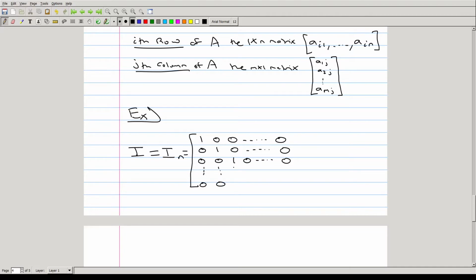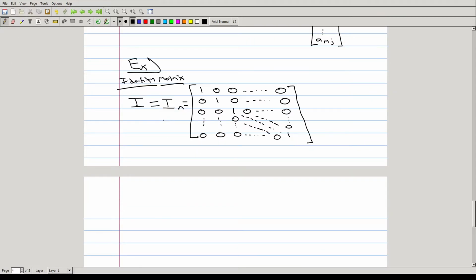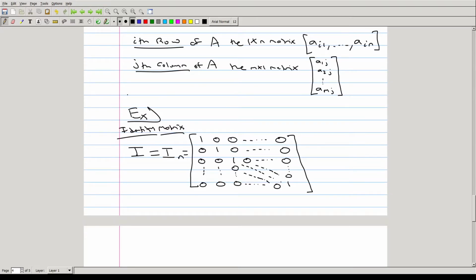It's a very special matrix. So it's just ones along the diagonal. This is called the identity matrix. Super important in linear algebra and in a number of different applications, but this is just one very, very important matrix. You could also talk about the n by n zero matrix.